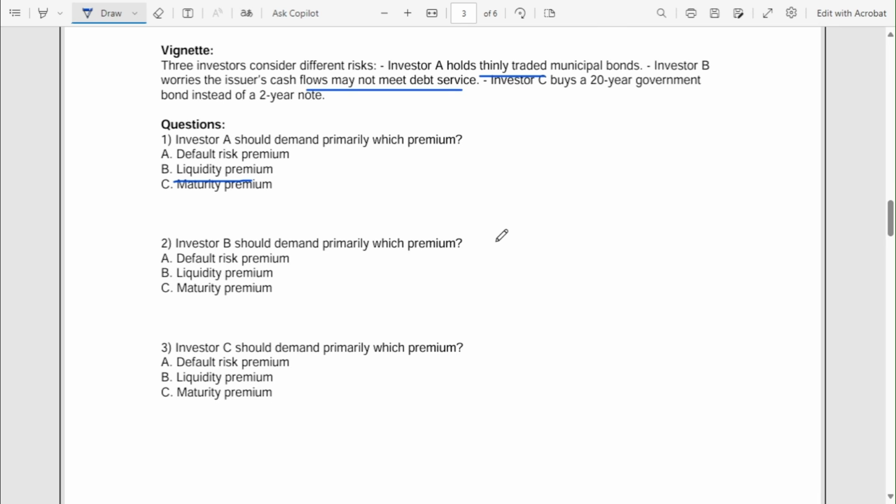So investor B worries that the borrower will not be able to pay back the debt. In this case, it's called default risk, and the premium that covers that is default risk premium. Thirdly, investor C buys a 20-year government bond instead of a 2-year note. So investor C invests in a security which has 20 years of maturity. In this case, this investor should be concerned with maturity premium.